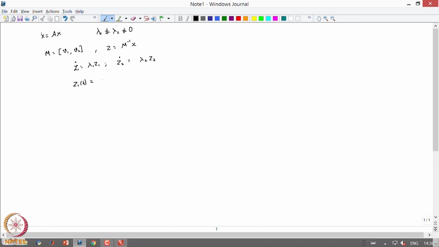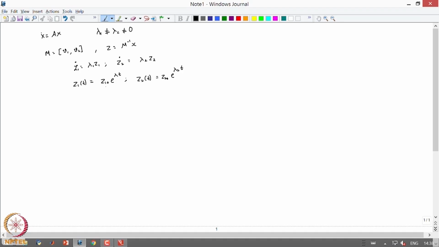Z1 of t is Z10 e power lambda 1 t. Similarly, Z2 of t is Z20 e power lambda 2 t. Okay. So, this is just how the solutions would look like.